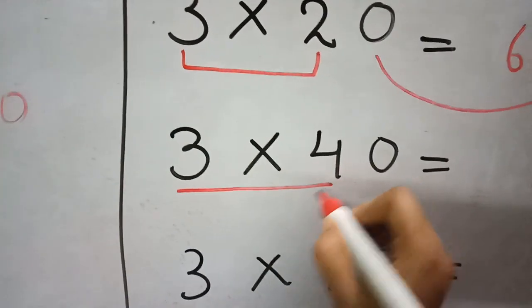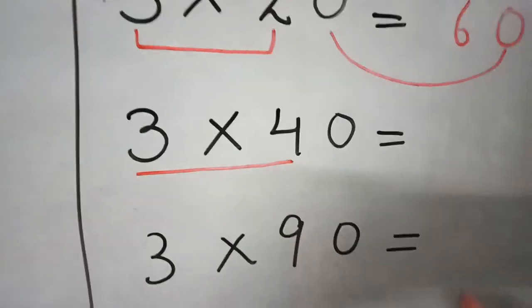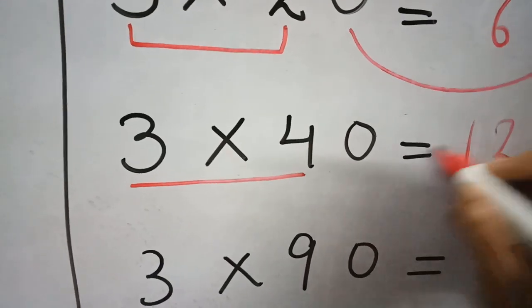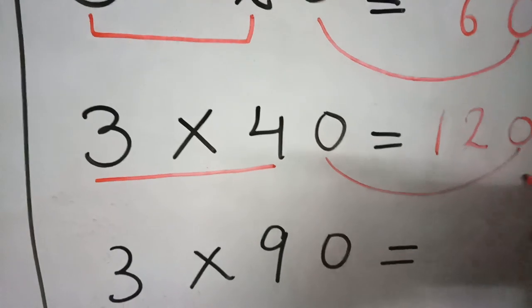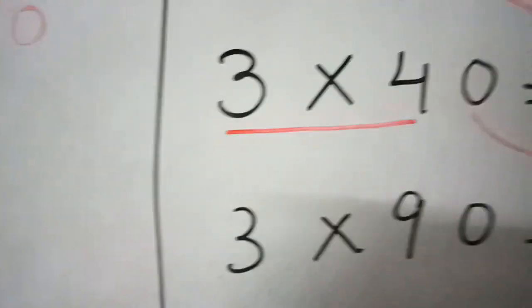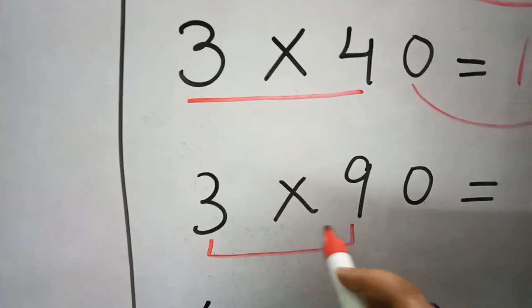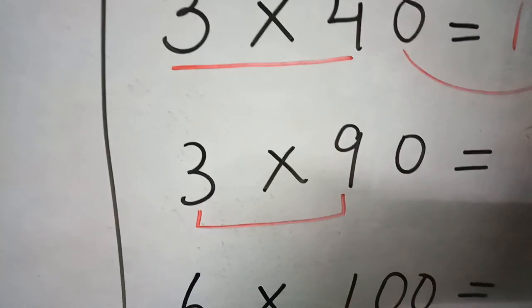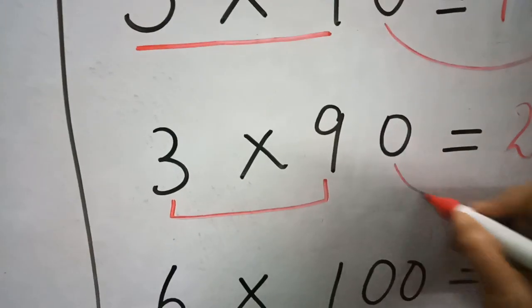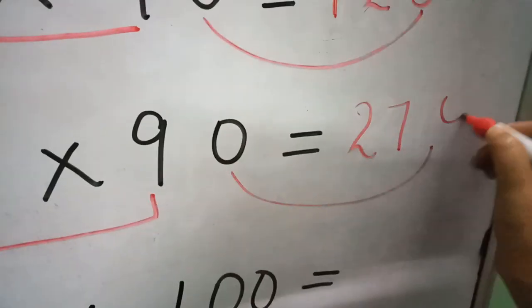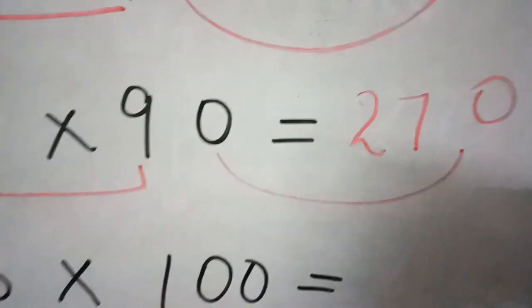Take this only. 3 4s are 12. Take 0 here. 120. And then come to here. We multiply these only. 3 9s are 27, and 0 will be here. So it becomes 270.